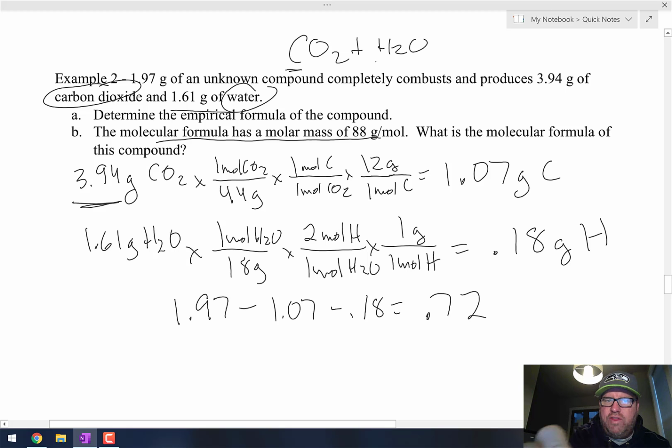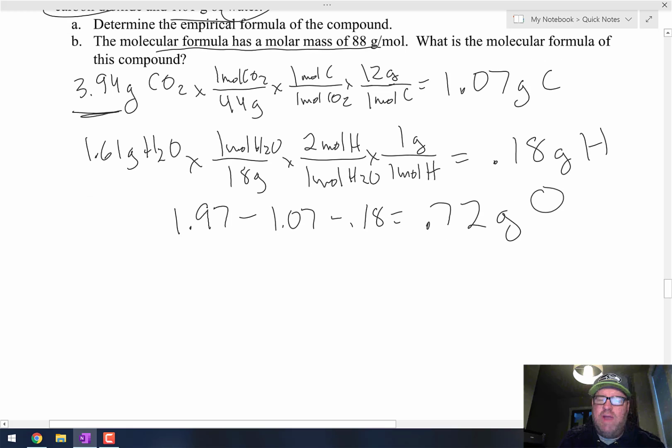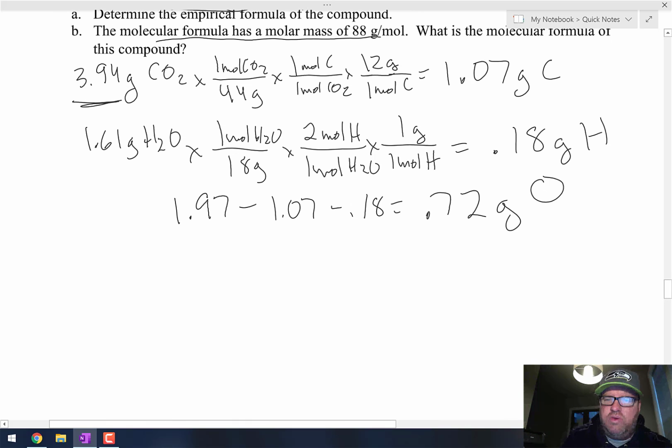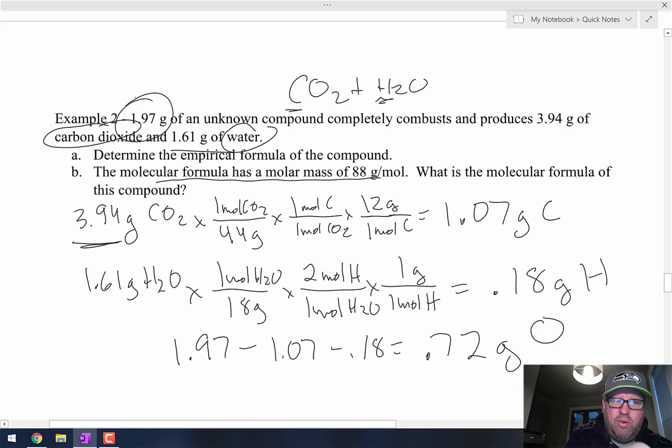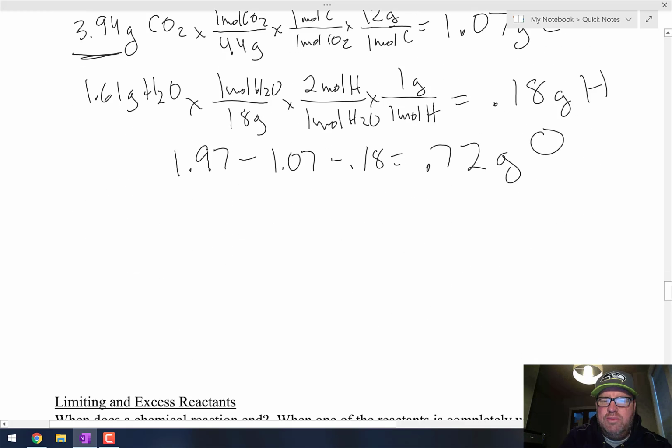We've already accounted for the carbon and the hydrogen, so that 0.72 grams has to be oxygen. Okay? So now we're done with that part. We've got our mass of carbon, our mass of hydrogen, and our mass of oxygen. Those three do add up to the 1.97 grams.